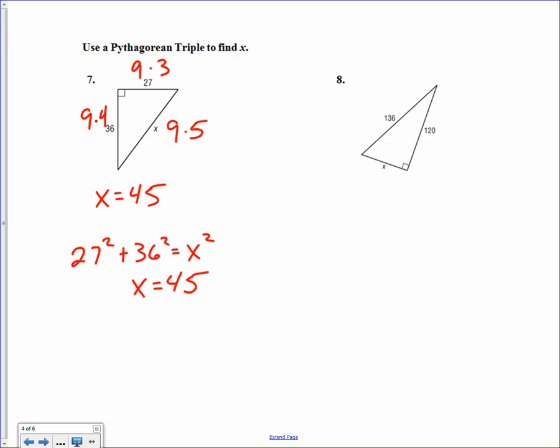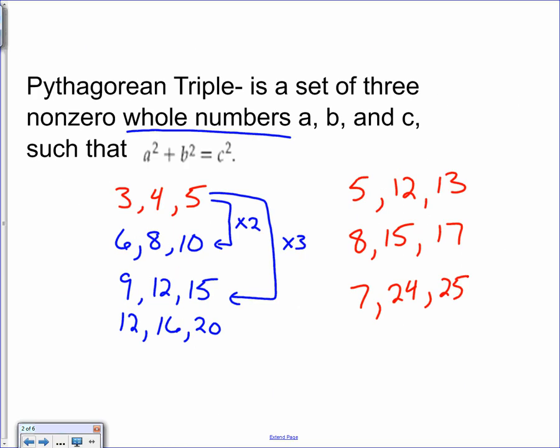This is 8 times 17, 8 times 15. So we need 8 times some number here. So what's the Pythagorean triple with 17 and 15? Did I write that one down? Yes, right? So 15, 17, the other side must be 8.